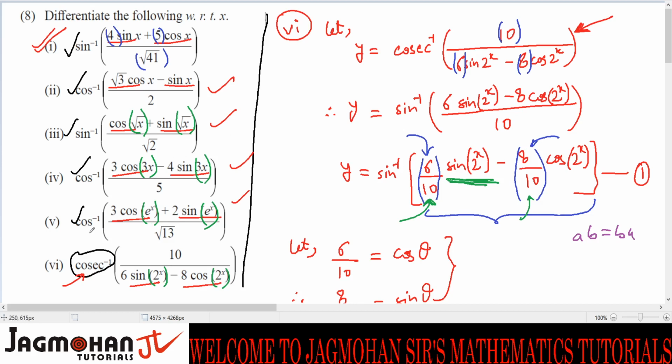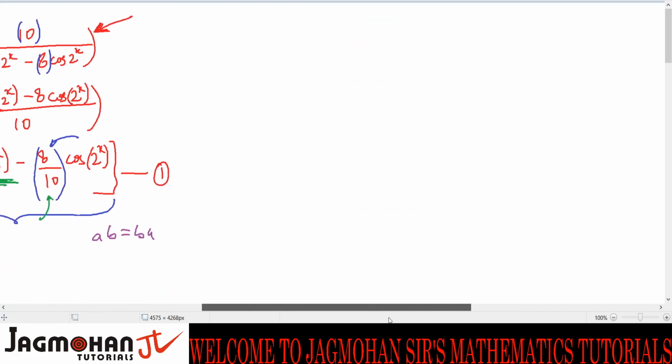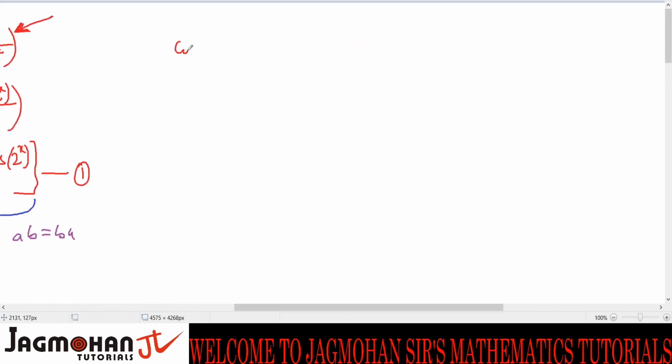If you have cos inverse outside, then you should try to get the formula of cos inside. For that, you know the cos A minus B and cos A plus B formulas. What is cos of A minus B? Cos of A minus B is cos A cos B plus sin A sin B. And if it is cos of A plus B, then here you will have minus.